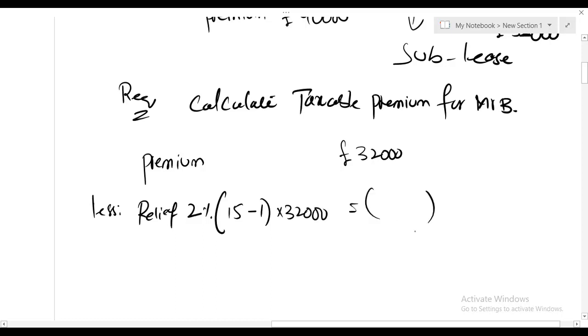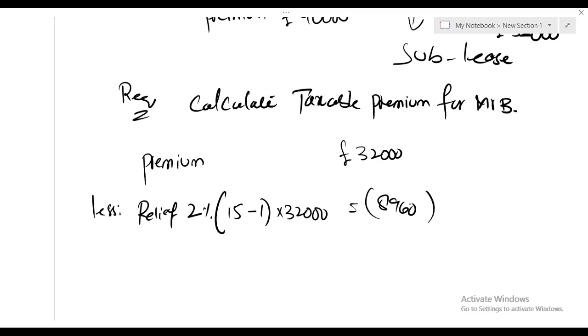Let me use the calculator. Today I have the luxury of a calculator. In the last class I did not have one. So now, alhamdulillah, I have a calculator. The relief amount comes to 8,960. So first we write the premium which Mr. B has received, and then simply deduct the relief.